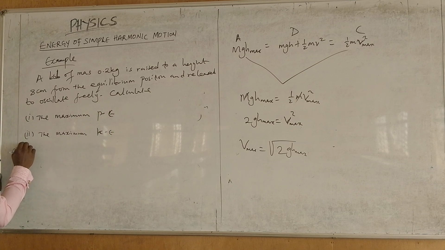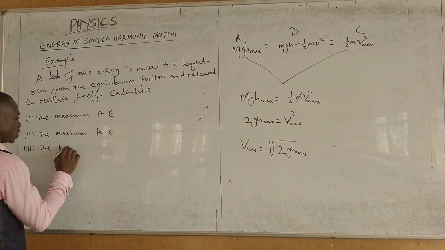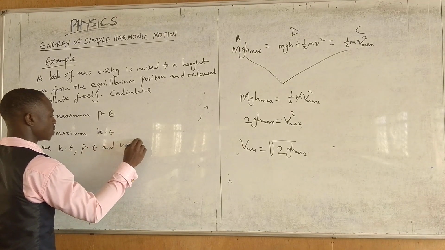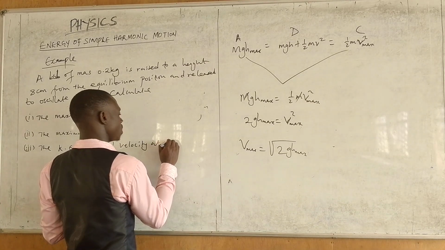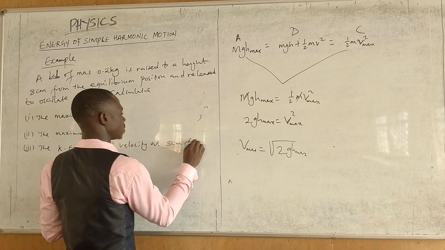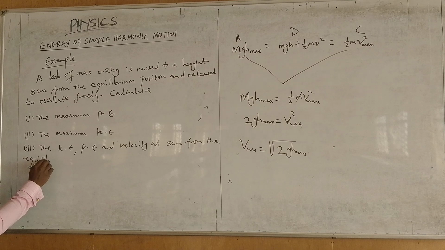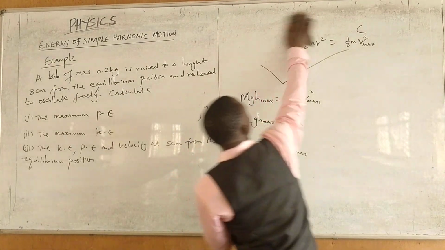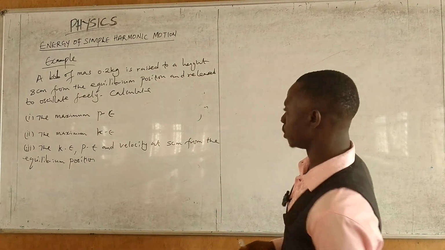Figure 3, the KE, the PE, and the velocity at, let me say, 5 centimeter from the equilibrium position. So let's tackle these questions. Are we following? Please follow me.